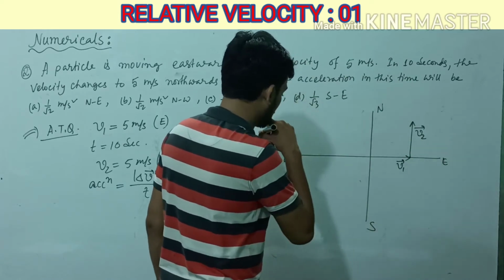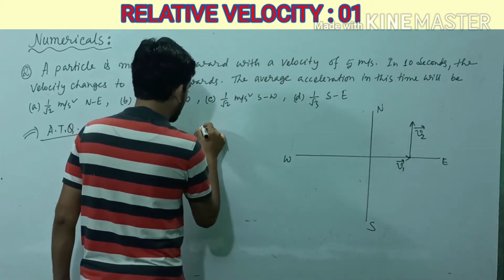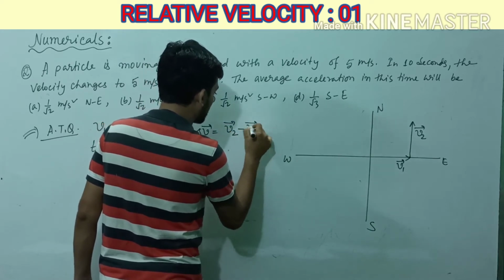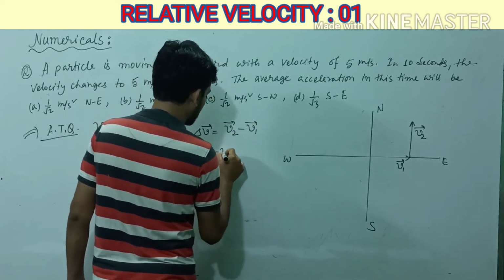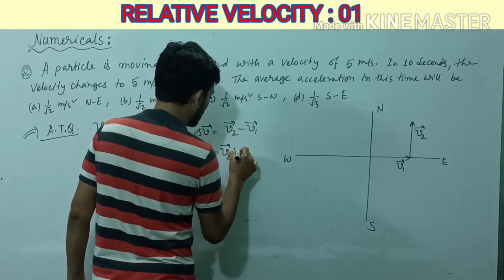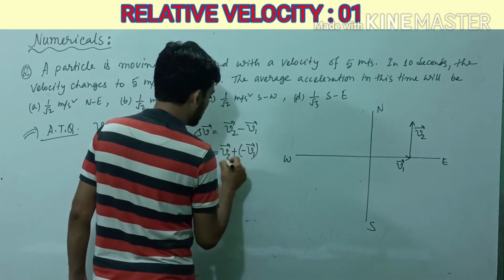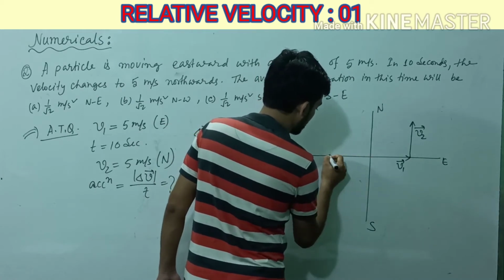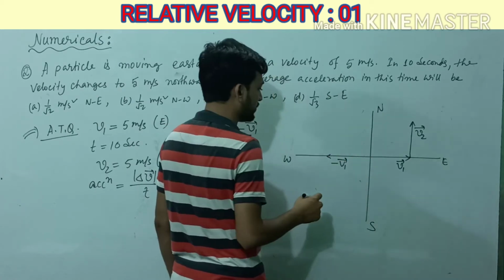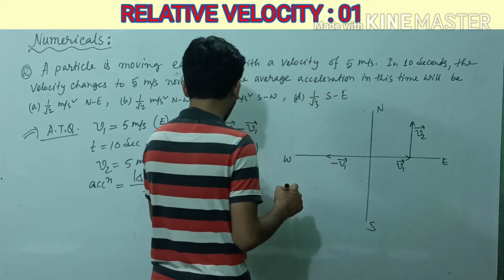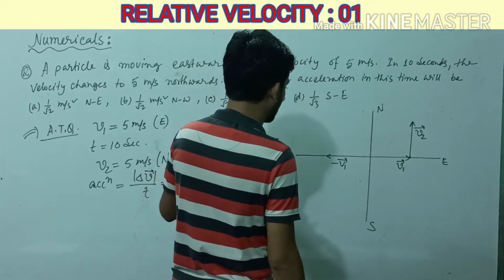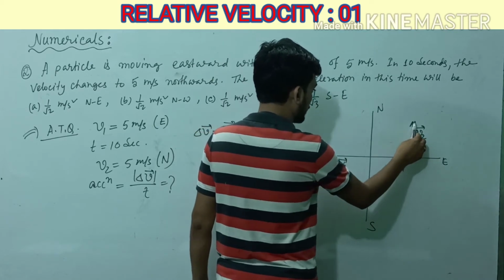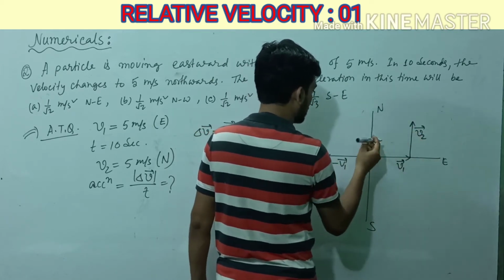Okay, so change in velocity will be final velocity minus initial velocity. So this can be written as v2 plus minus v1. So what is minus v1? This will be minus v1. Now minus v1 plus v2. So what you need to do is shift the v2 vector from this position to this position.